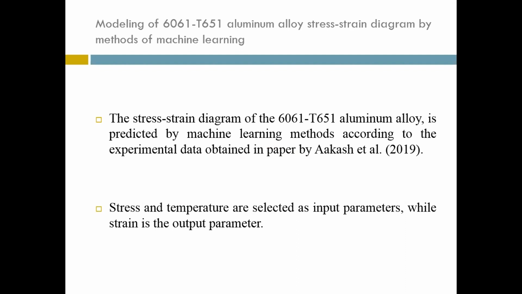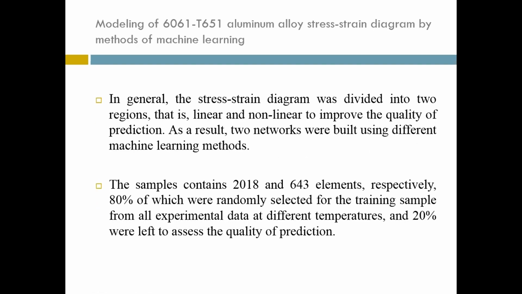In order to model the stress-strain diagram, we use some experimental data in this paper. Here you can see that the stress and the temperature are selected as the input parameters, while the strain is the output parameter.